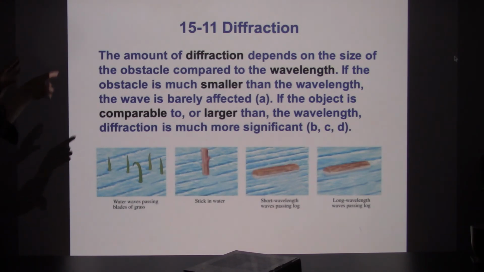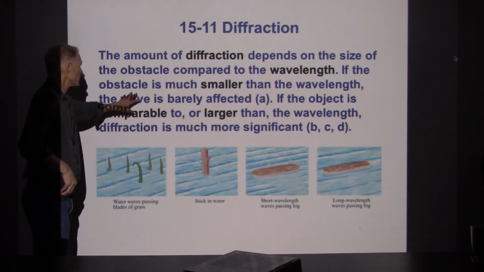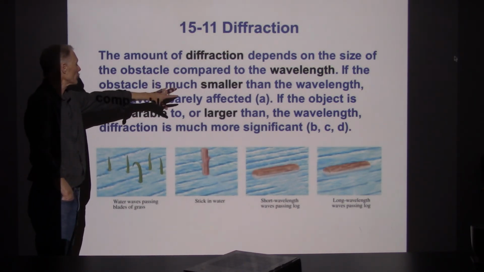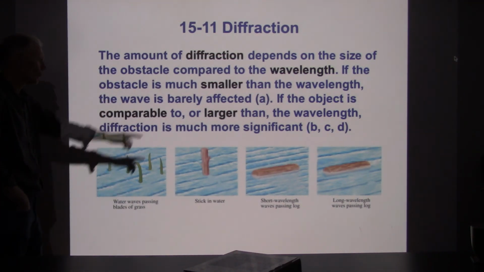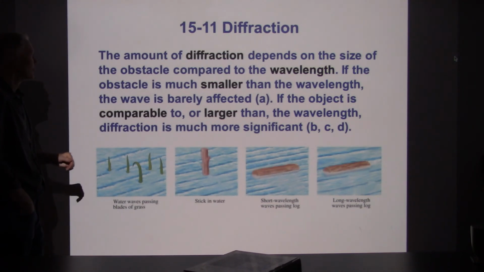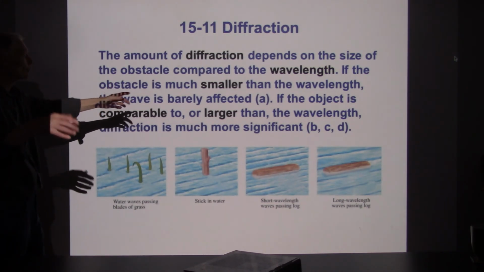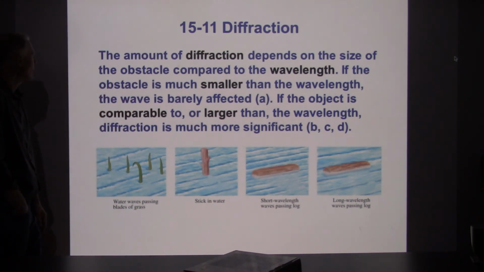So the amount of diffraction depends on the size of the obstacle compared with the wavelength. If the obstacle is much smaller than the wavelength, we won't see much of an effect. So in that last picture, I don't know if they completely did it, but the wavelengths are so large and the obstacle is so small that we're not seeing much of an effect.